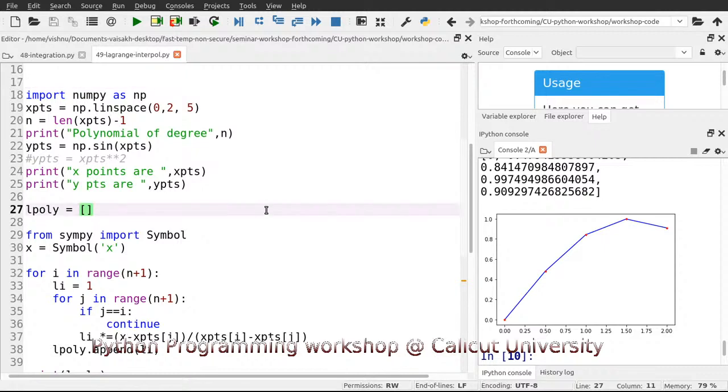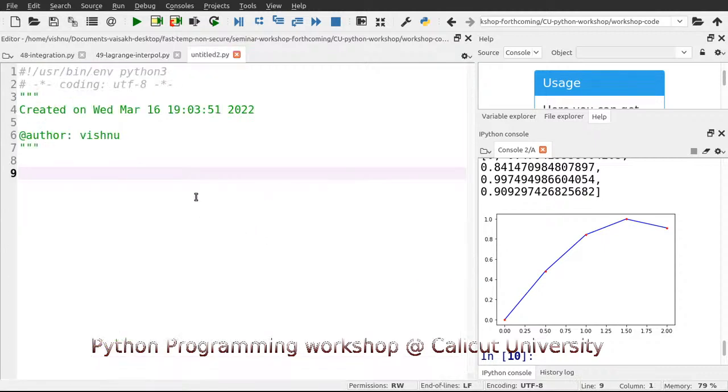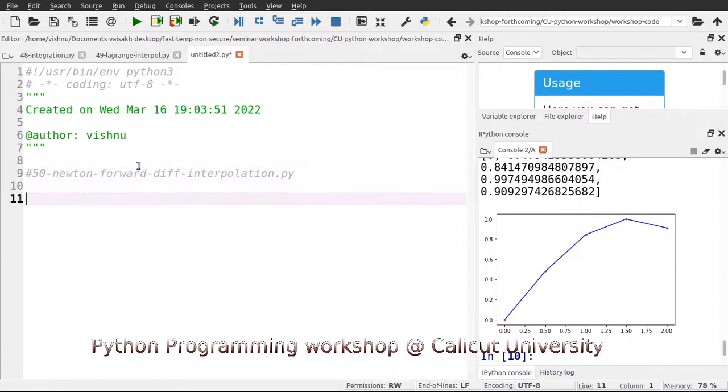Starting a new program. Newton's forward difference interpolation. So suppose that as in the previous case, let us construct x values as well as y values using some function so that we can easily create some.